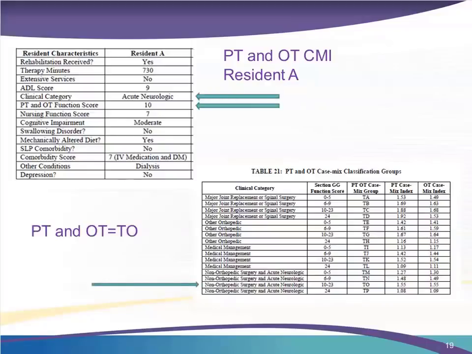Okay, so again, clinical category is acute neurologic, PT and OT functional score is a 10. I'm showing with the arrows that it is considered a TO, and it is a 1.55, oddly enough, for PT and OT, which is unusual. Most of the other CMIs are different depending on which discipline.